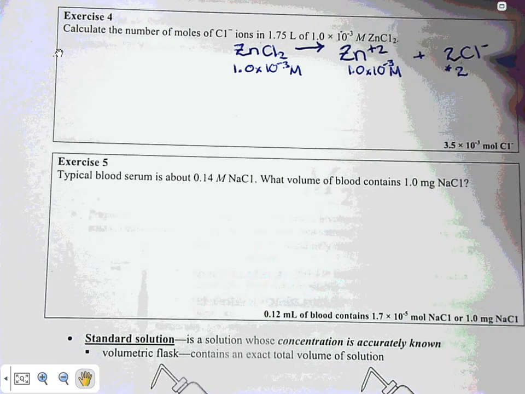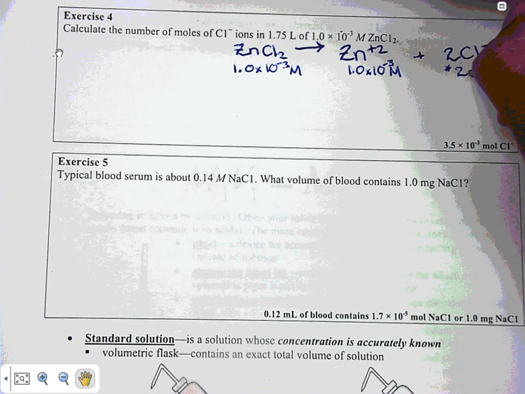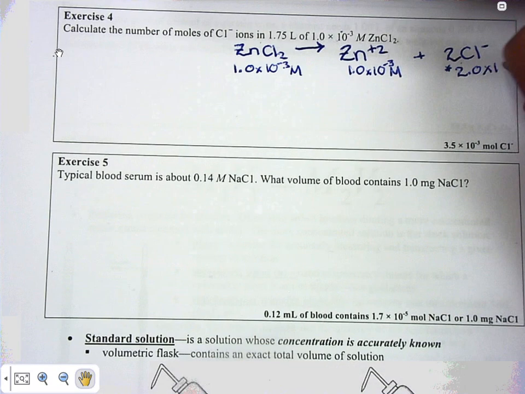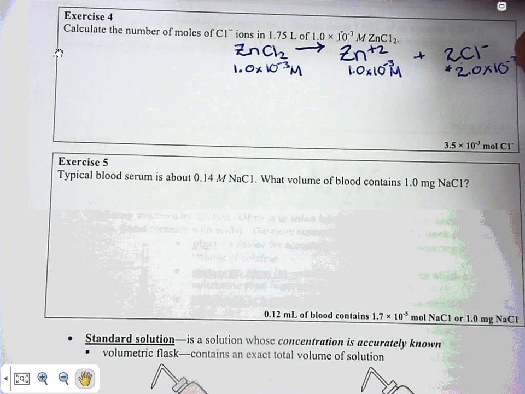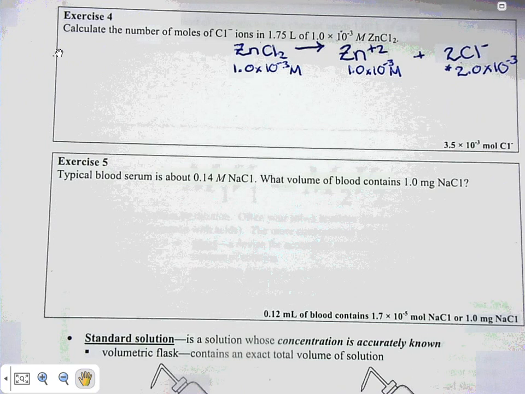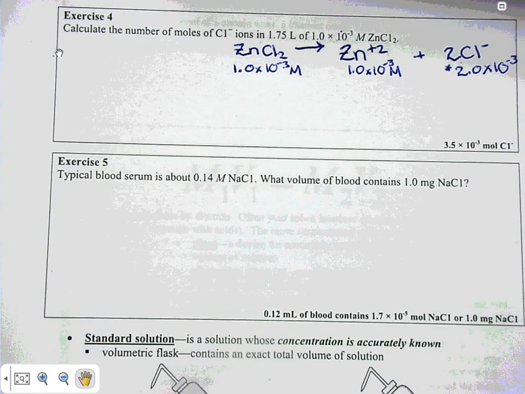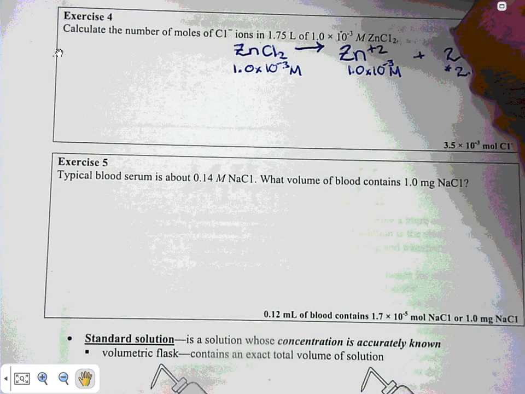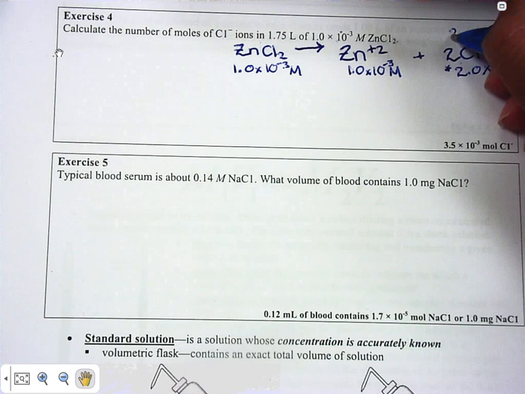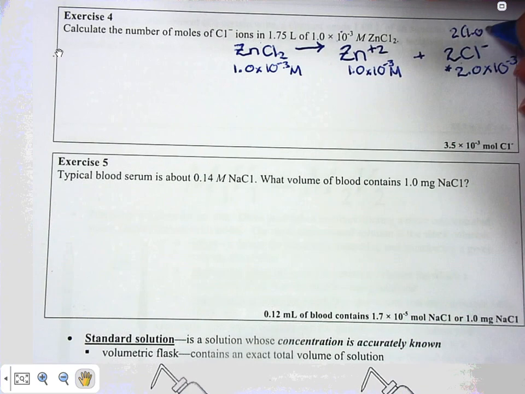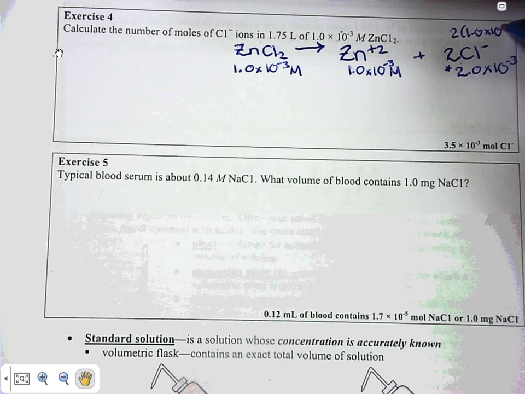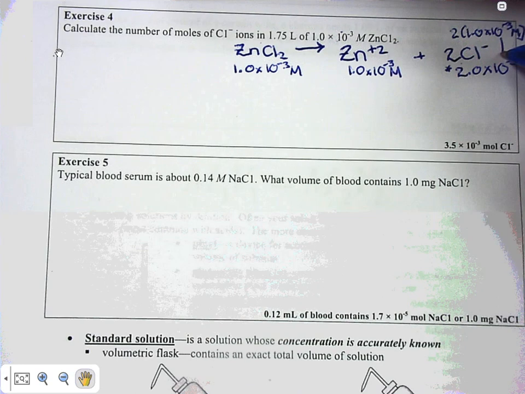I'm going to put a star here because it's important. And it becomes 2.0 times 10 to the negative third power, because there are 2 of those guys. And so, if I was representing the math, basically 2 times whatever the molar concentration of that solution is, that's how we get that number there.